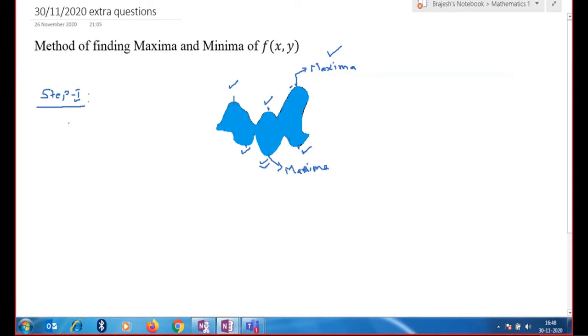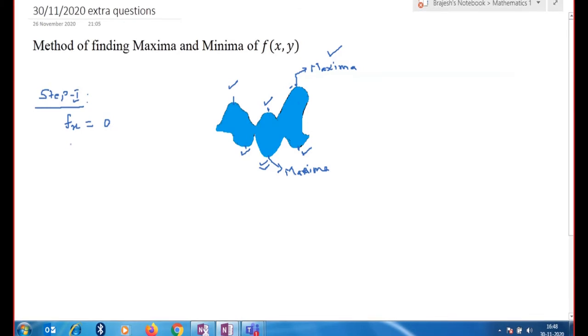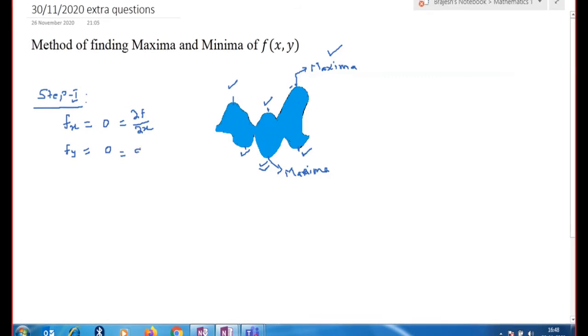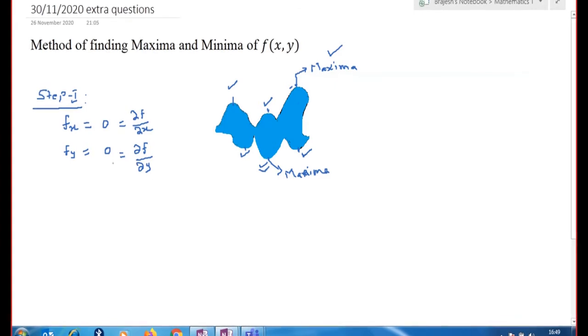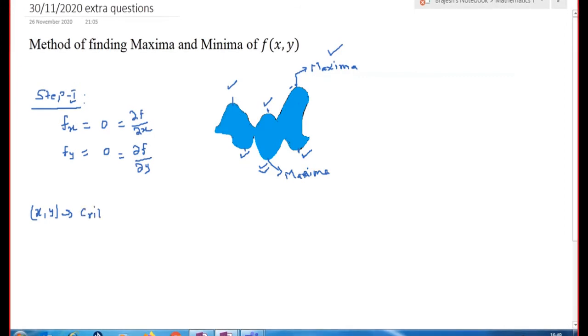Since we have a function of two variables, we require the partial derivatives: fx, which we put equal to 0, and next is fy. fx is the partial differentiation of f with respect to x, and fy is the partial differentiation of f with respect to y. By equating these two, we will get the value of the x, y coordinate, and these values of x, y are known as the critical point.